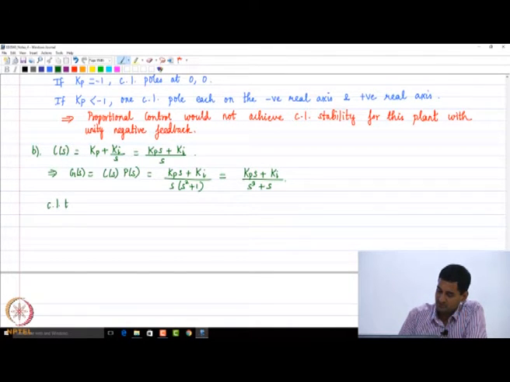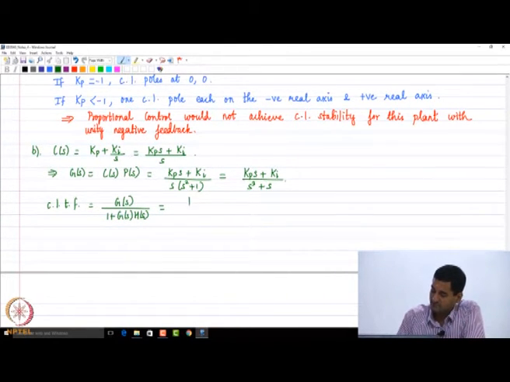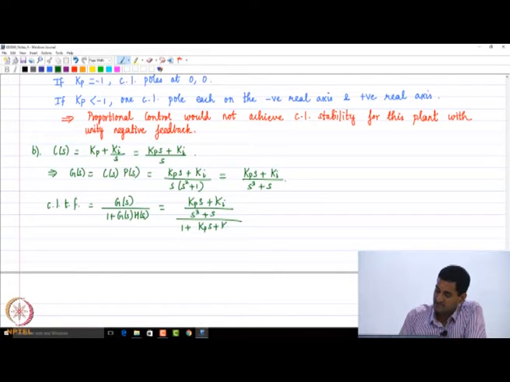As a result, the closed loop transfer function is going to be equal to G of S divided by 1 plus G of S H of S. This is going to be equal to Kps plus Ki divided by S cube plus S, the whole thing divided by 1 plus Kps plus Ki divided by S cube plus S. Okay, this is going to be equal to Kps plus Ki, whole thing divided by S cube plus Kp plus 1 S plus Ki.